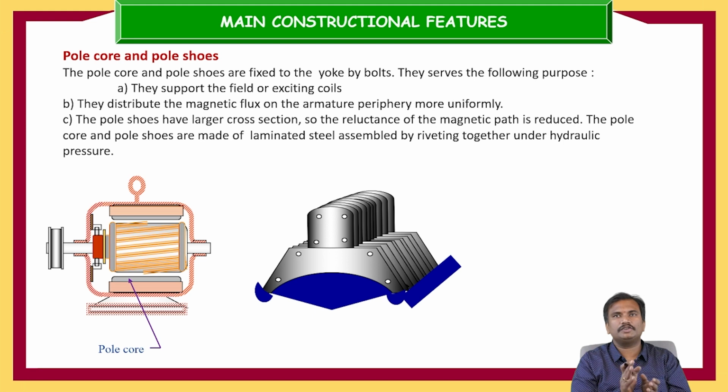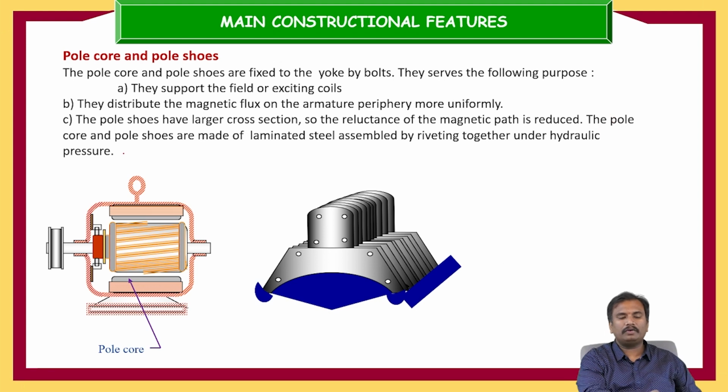And these pole shoes have a larger cross section, so the reluctance of the magnetic path is reduced. Reluctance in magnetic circuits is just like resistance in electrical circuits. So here the reluctance of the magnetic path is reduced.